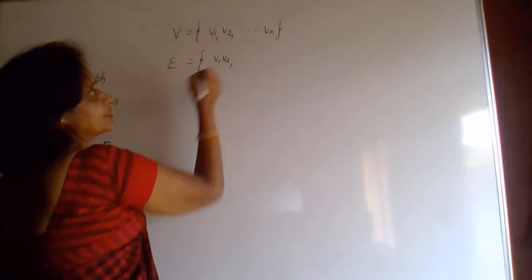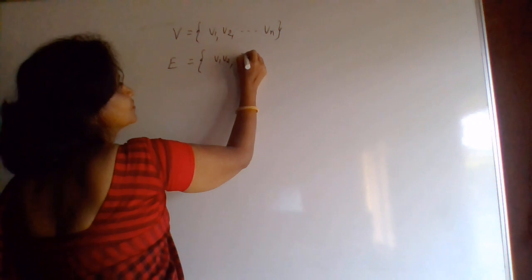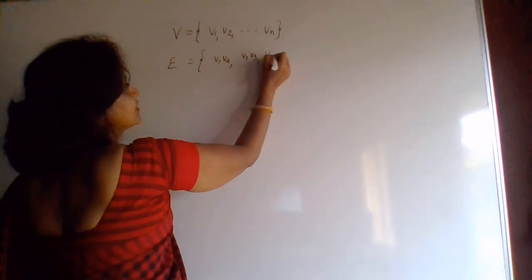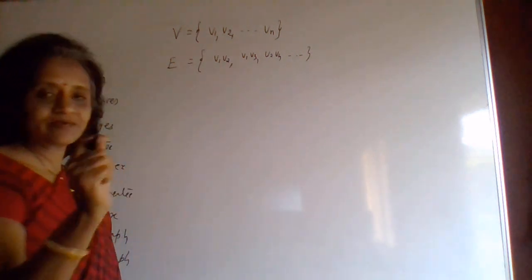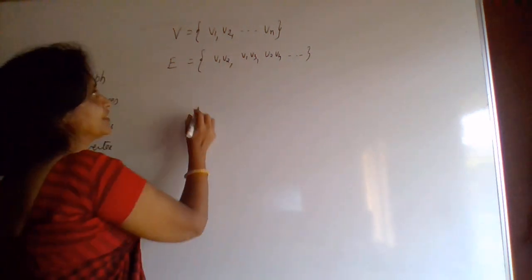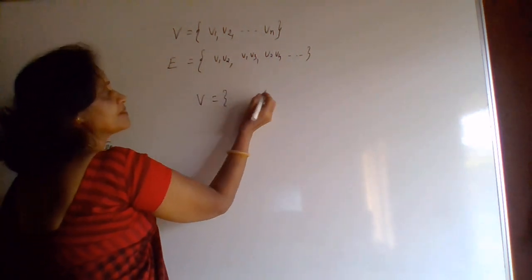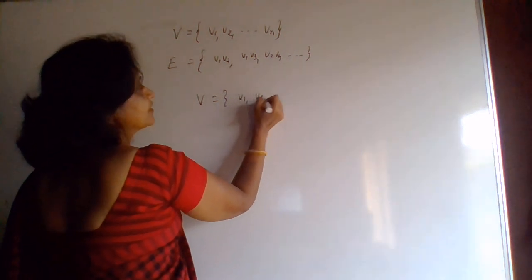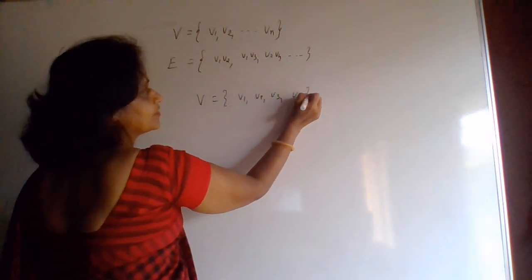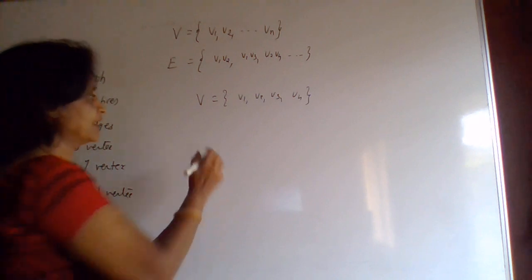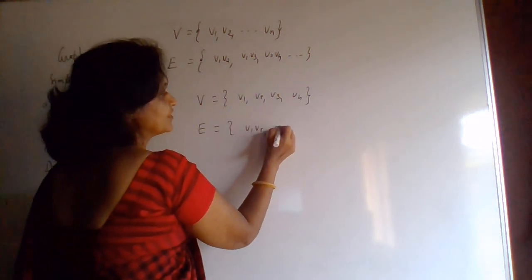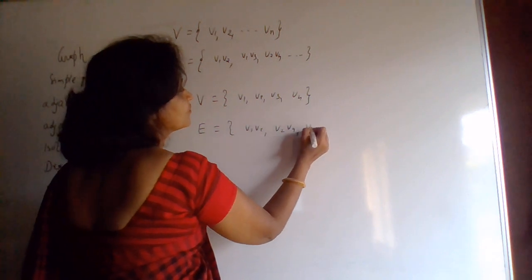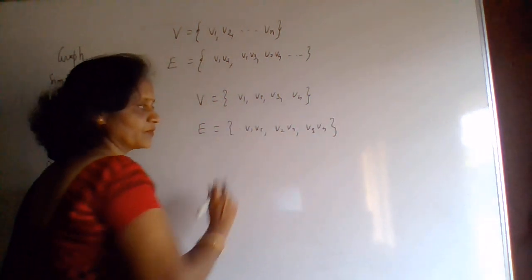So I will denote it by, say, V1V2, V1V3, V2V4, etc. I'll give an example and then we will define it properly. Suppose I have V1, V2, V3, V4 and our E is, say, V1V2, V2V4, V3V4.